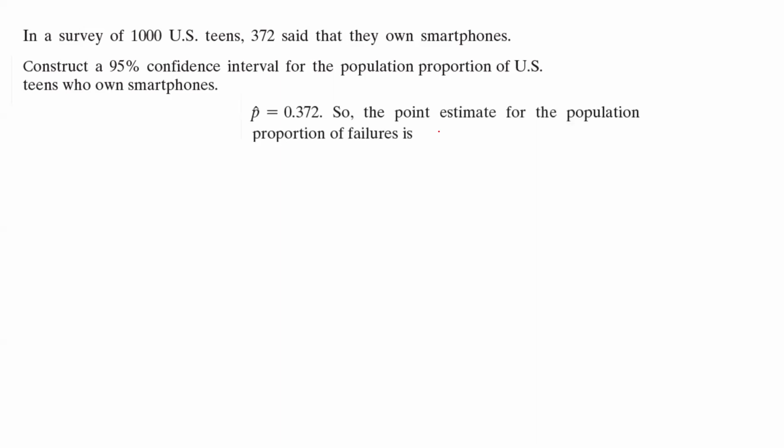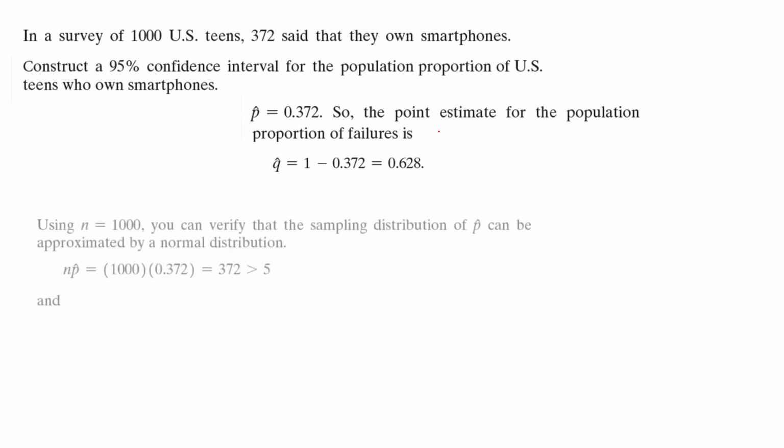Let us begin. P hat is equal to 0.372, q hat, which is 1 minus 0.372, or 0.628 or 62.8%, is the probability of failure for people who say no. n is 1,000.